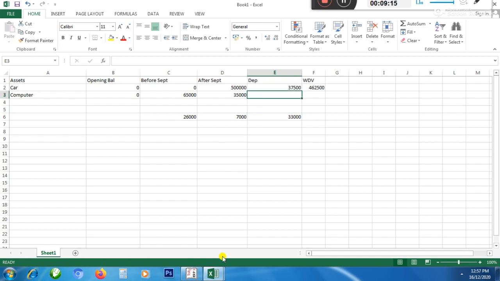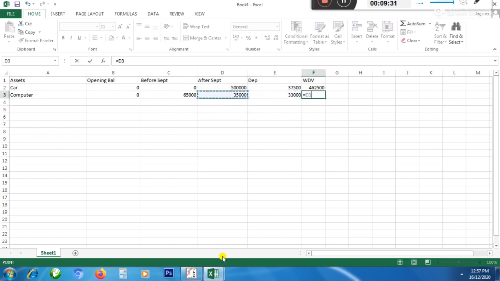So total depreciation I'll type here 33,000. Understood how to do? Before value full percentage, after value after September half the rate. Written down value becomes opening balance plus before value plus after value minus depreciation.